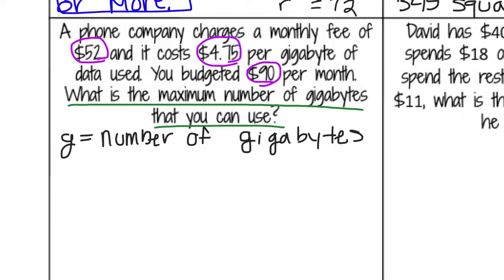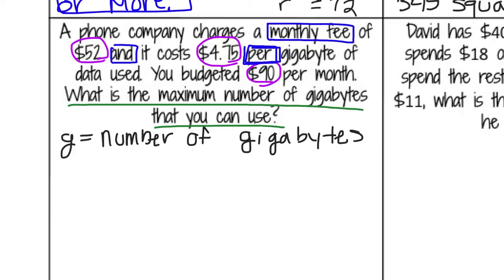All right, and then we box our math action words. I see monthly fee. The word and tells me I'm going to do something. I see the word per. I think that's all I see right now. Okay.